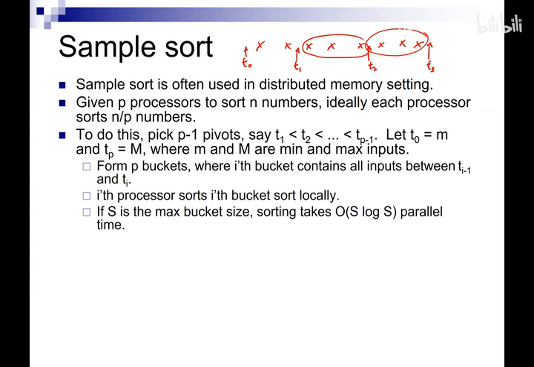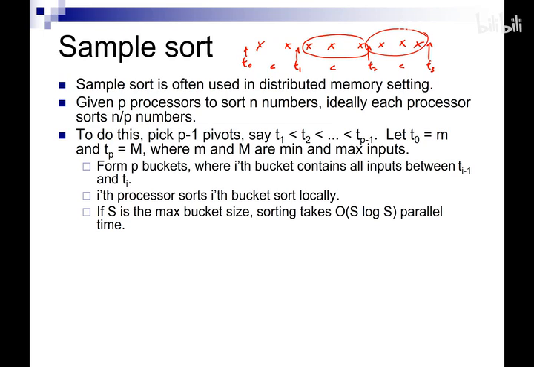However, I forgot to say that all of these pivots are sorted. And so that would mean that all of the values in this third bucket over here are larger than T2, and so therefore they're also larger than all of the values in the second bucket. And the second bucket is larger than all the values in the first bucket.